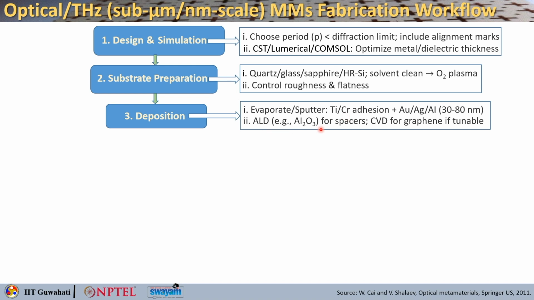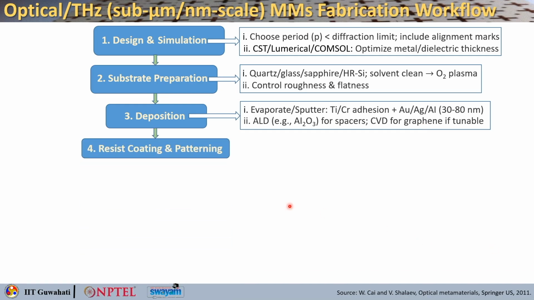Atomic layer deposition can also be used for alumina kind of spacers, and you can use CVD, that is chemical vapor deposition, for depositing graphene in case you have tunable structures.